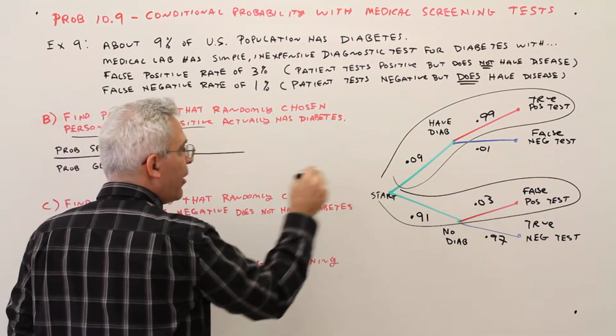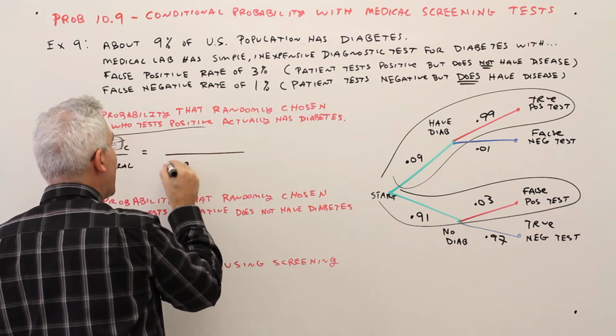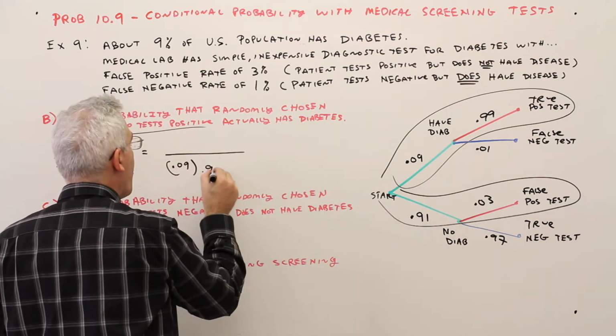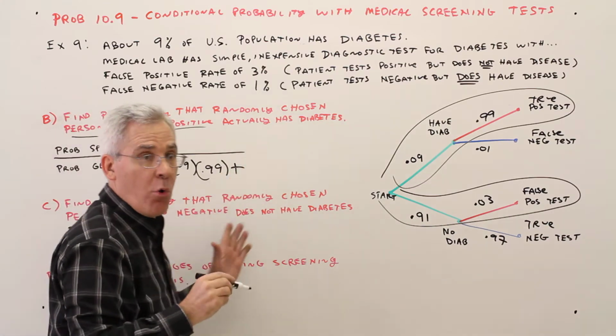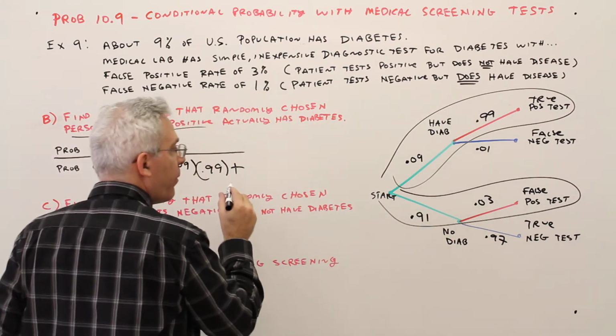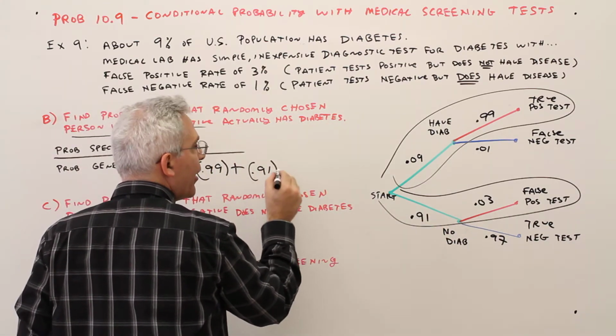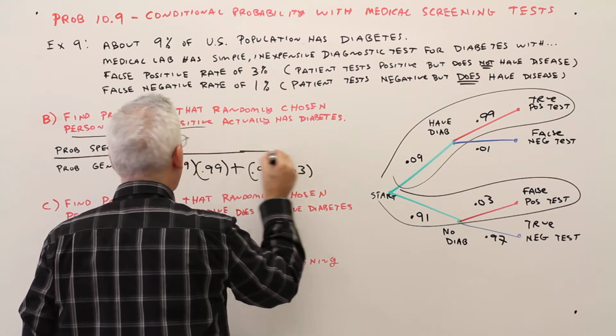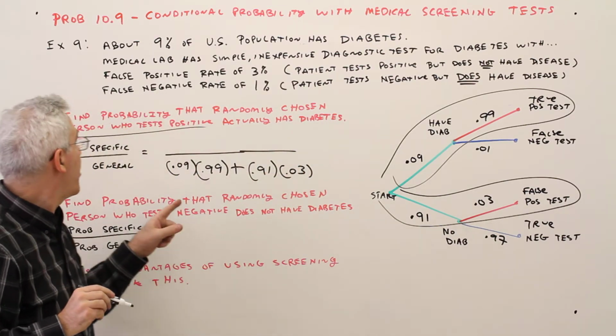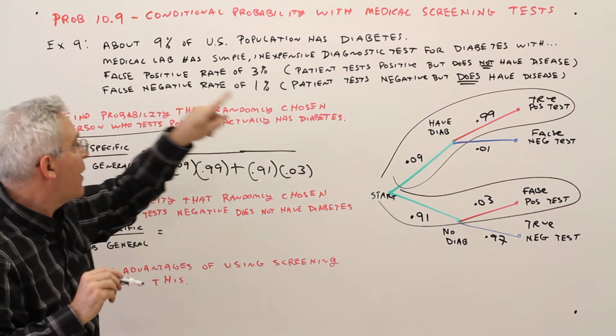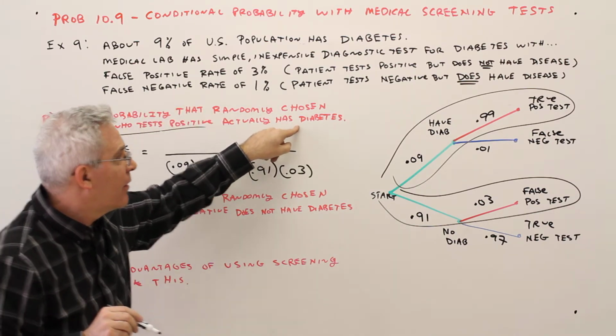For my general, it would be 0.09 times 0.99, or this other branch, 0.91 times 0.03. My specific would be testing positive and actually having it.